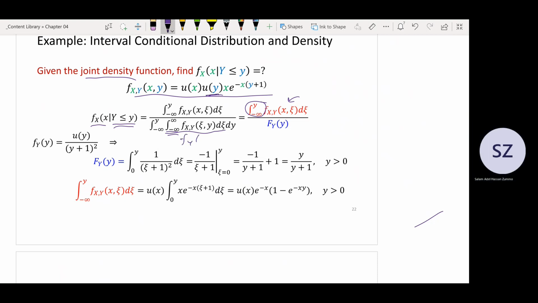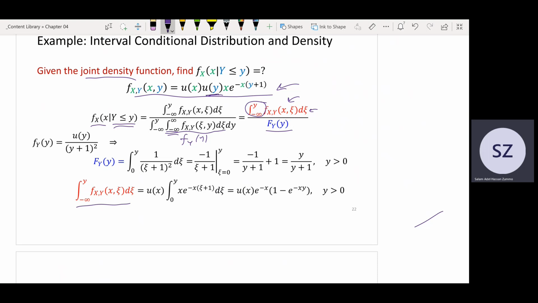The integral of that from minus infinity to y gives you the CDF of y evaluated at this value. The rest is just math. You need to integrate the joint PDF with respect to y from minus infinity to y. So this is it, basically.